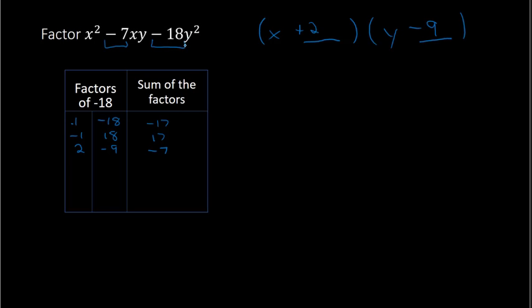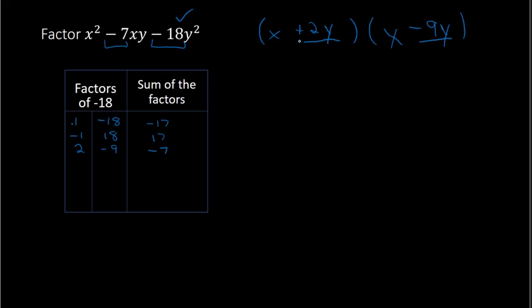Now looking at the y, how do we incorporate the y into this? And sorry, this should be an x right here. That's x minus 9. And then the y, if we have a y here and here, y times y would give me y squared for this last part. 2y times negative 9y is negative 18y squared.